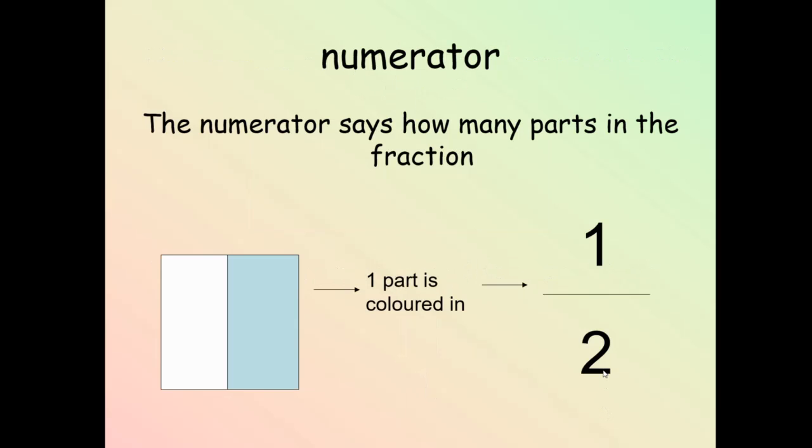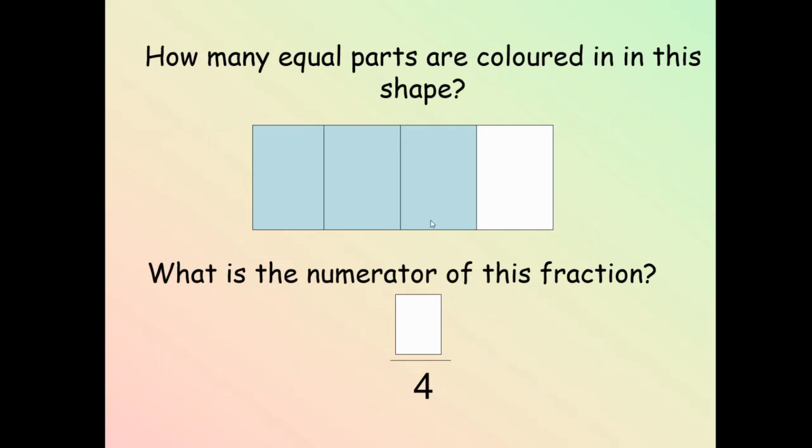To have more examples, we have this. How many equal parts are colored in this shape? The simple question again: what is the numerator of this fraction? If we base it on a white box divided into 4 segments, then we could say that 3 of the 4 boxes were colored blue, so we can write 3 over here.